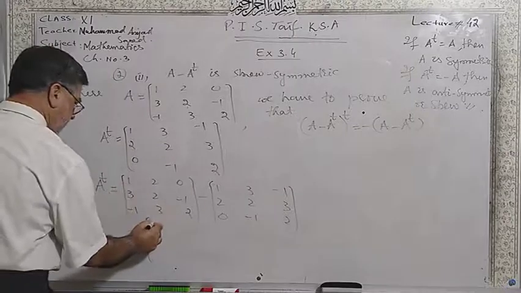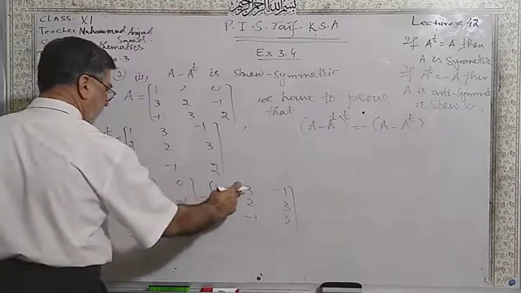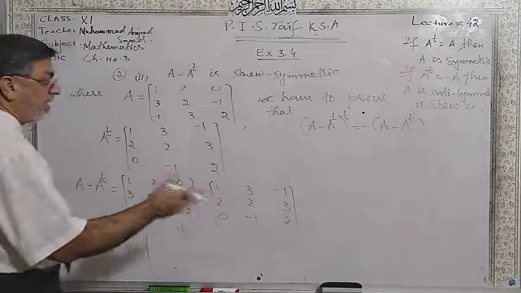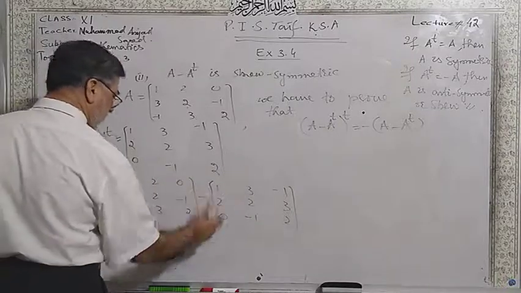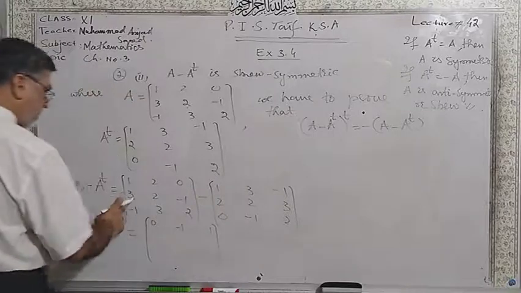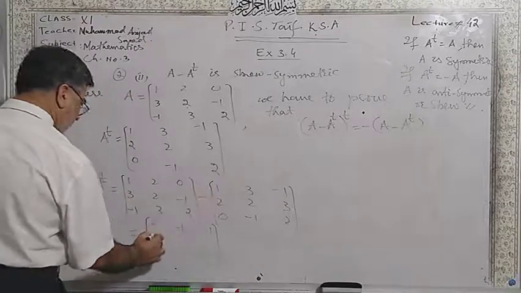First minus first, 0. Second minus second is minus 1. Now I am writing down directly. 2 minus 3 is minus 1. 0 minus minus plus, that is 1. Then 3 minus 2 is 1.